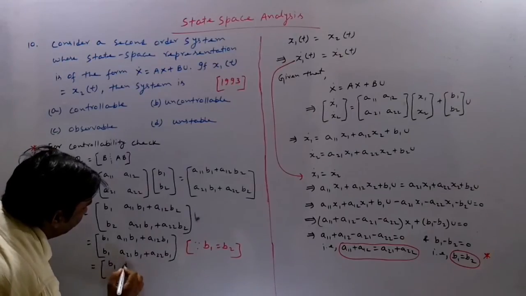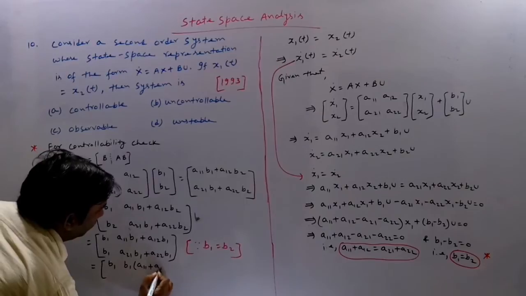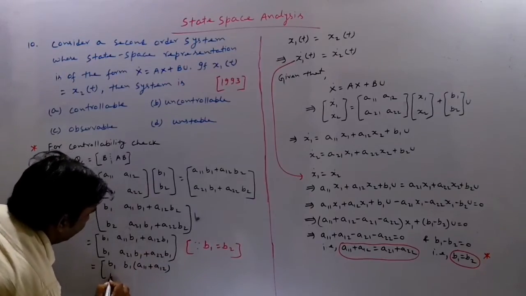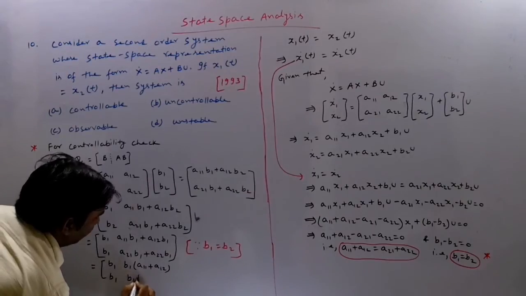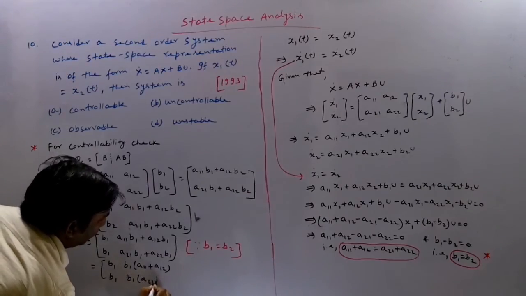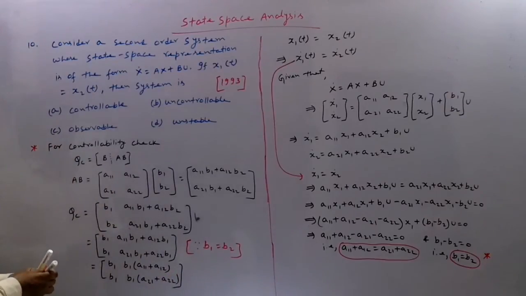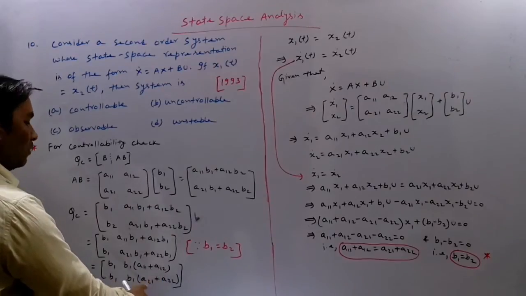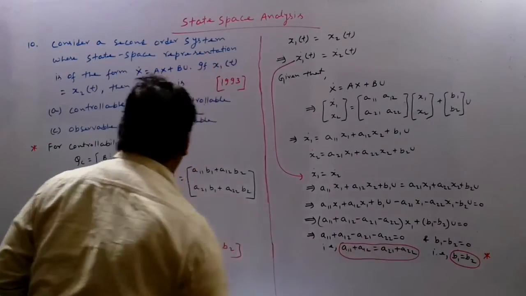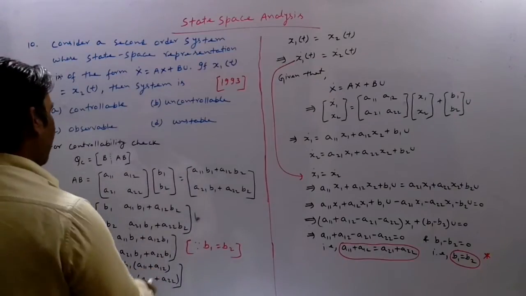Now if we take B1 as common, A11 plus A12 here, B1 here, B1, A21 plus A22. Since A11 plus A12 is equal to A21 plus A22, both the rows are the same.